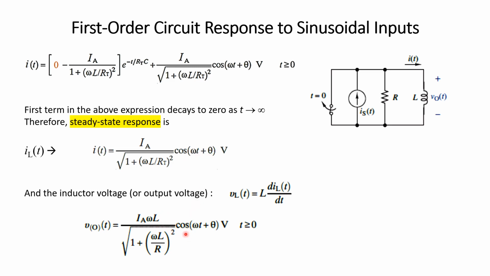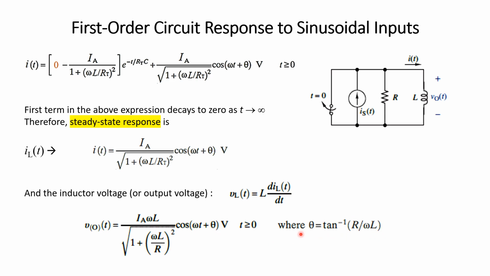But here I have written cosine omega t plus theta, and you can't see the negative sign over here, because the output voltage is expressed in the form of a cosine function. You know that we can convert a sine function into a cosine function by a shift in angle, and here theta is tan inverse of R over omega L.